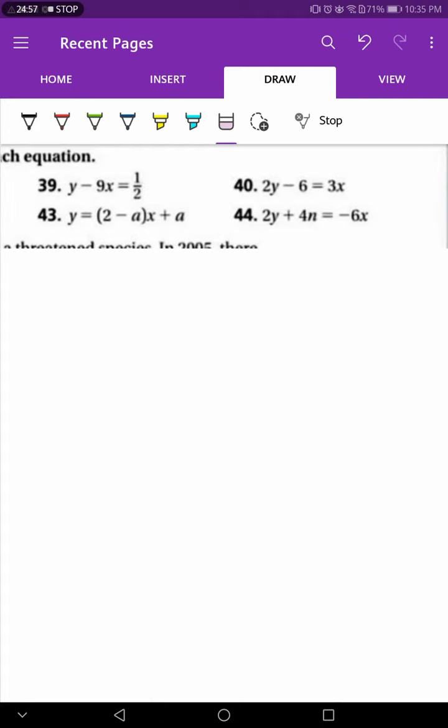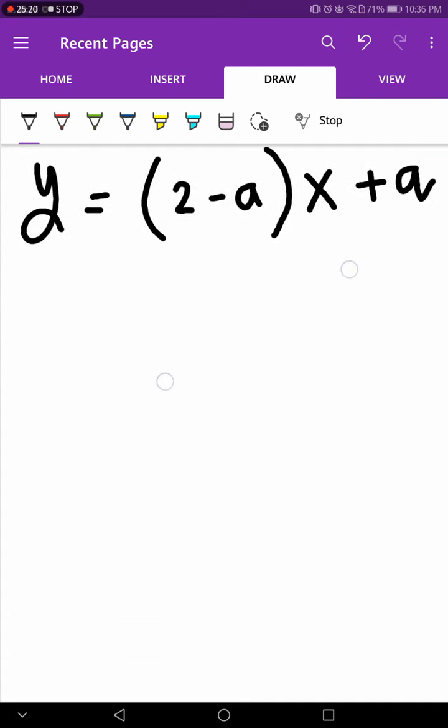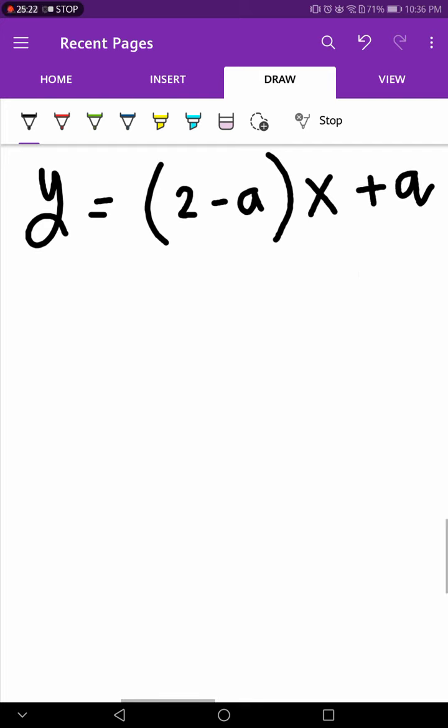Let us do 43. It is y equal 2 negative a multiply x plus a. So what is the m?